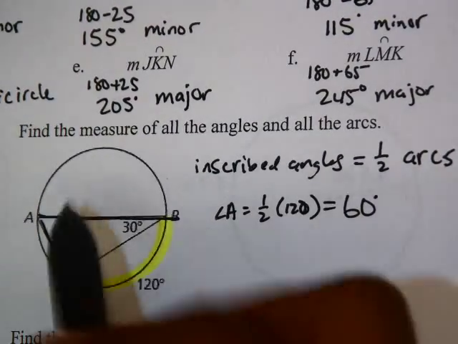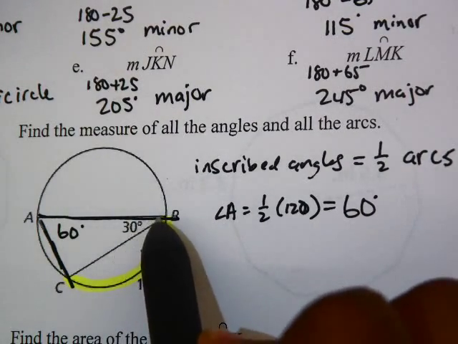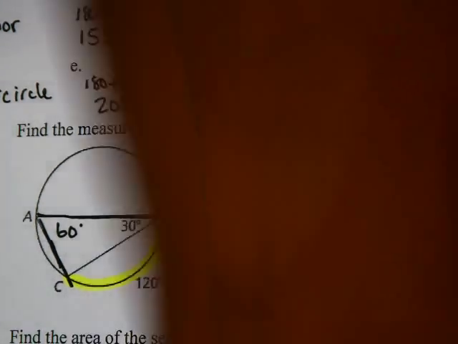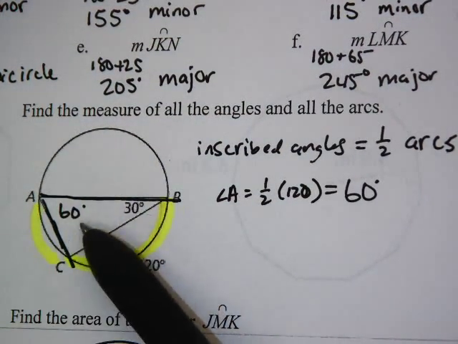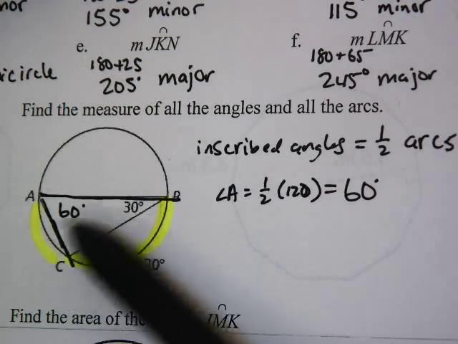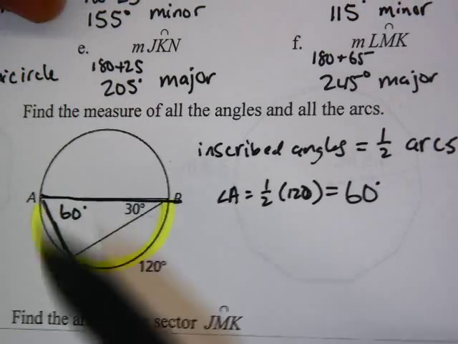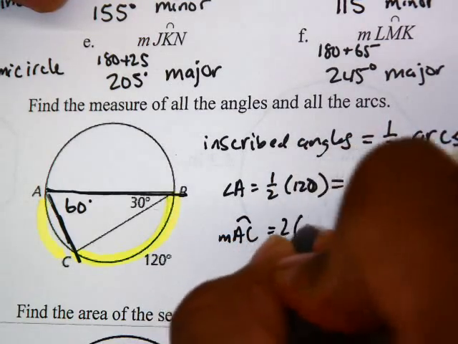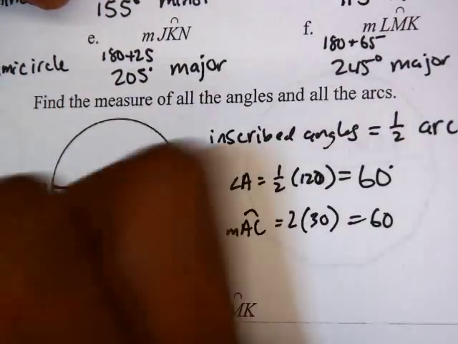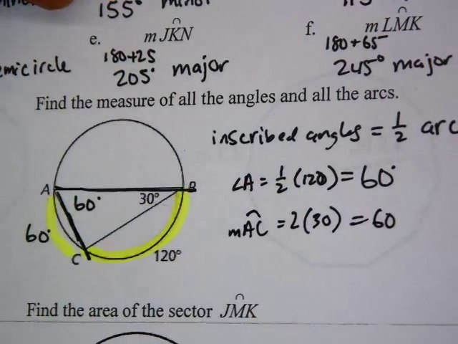Using that same idea, but this time I'm given that angle B is 30 degrees, and it forms that arc AC. So I know that the arcs are twice as large as the angles, see 60 and 120. So arc AC should be 2 times 30, which is 60 also.